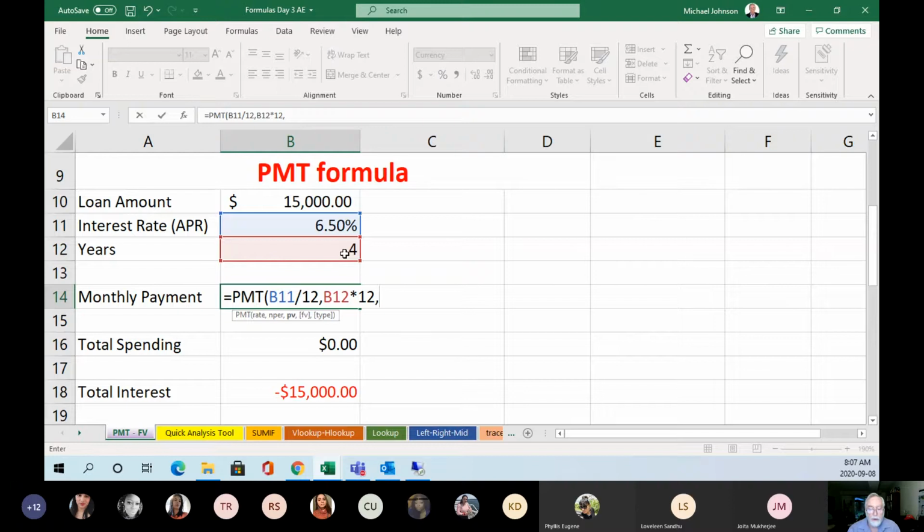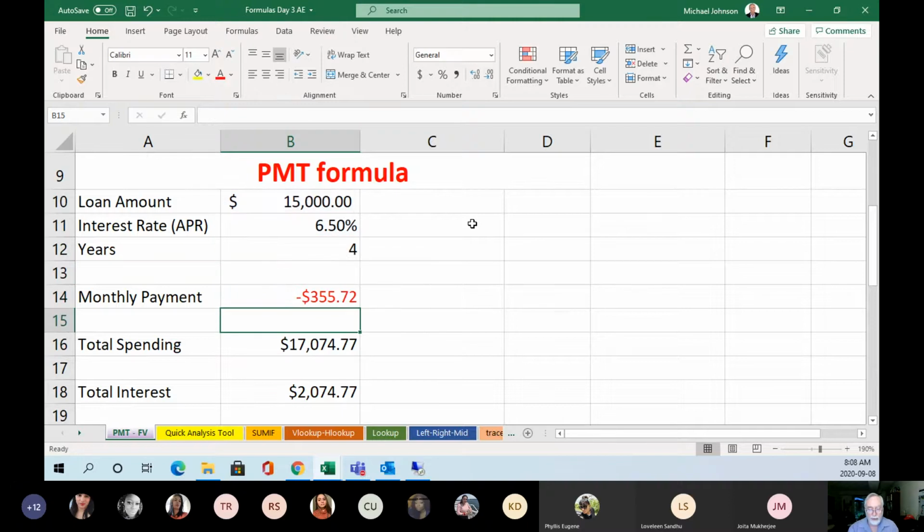And now it wants to know, what is the principal amount? What is the actual value? Well, that's 15,000. So I'm going to click on that cell, 15,000, because it's going to calculate the monthly value of what we would have to pay based on that interest over that period of time. And I'm going to close it off. Okay, closing the bracket, and then I'll press enter.